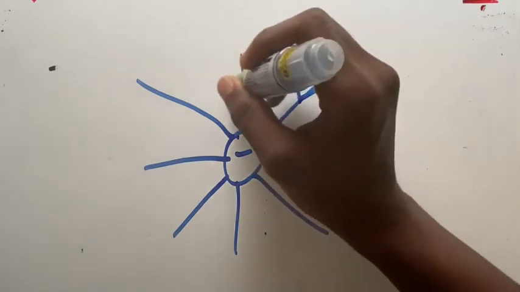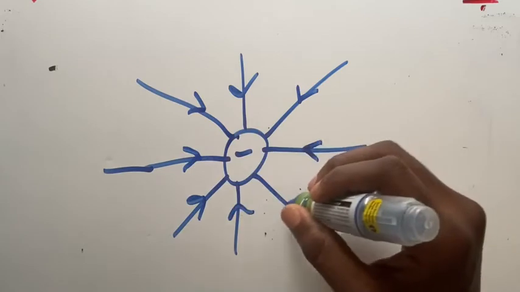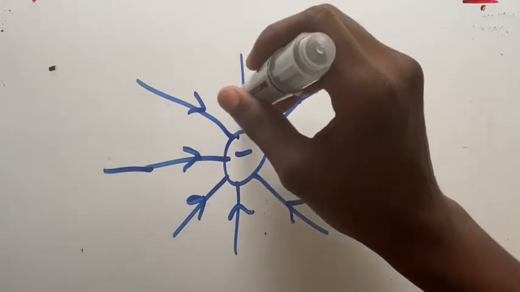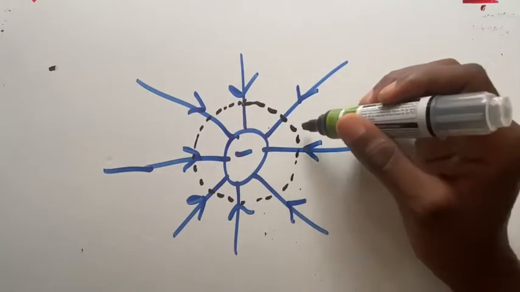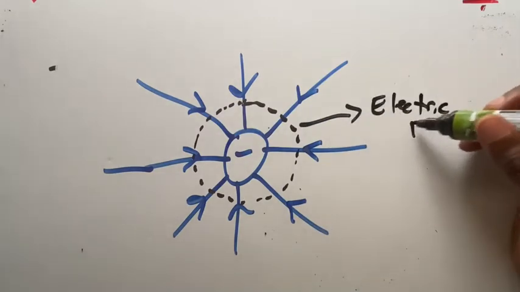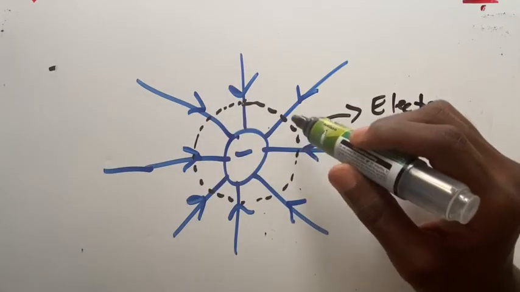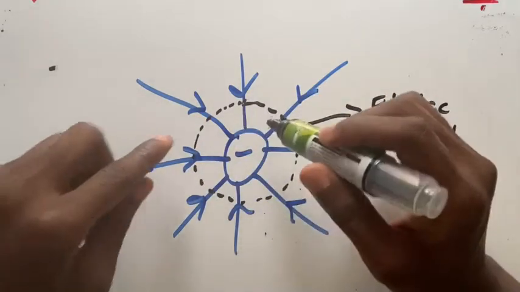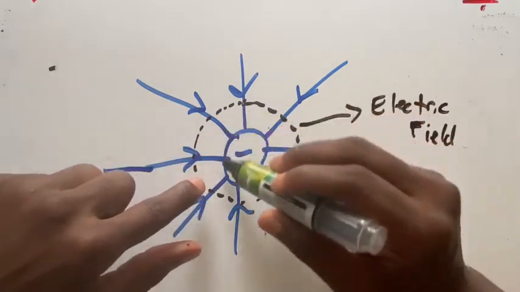So we've got this negative charge. This is what its electric field looks like. Boom. So if I were to draw a dotted line right here, so say we want to know the electric field at that point there, well, notice for this circle here, into this dotted line that I drew, the electric field lines are kind of close to each other.